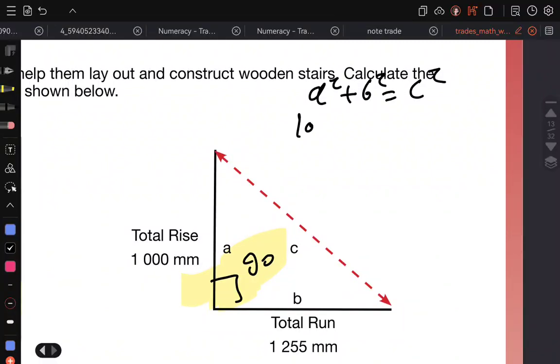A, which is 1000 millimeter, plus b, which is 255, sorry, 255 square, and this one square, equals c square. Okay, you do the calculation.